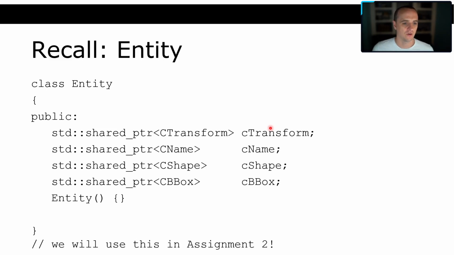Now, you may be rightfully thinking at this point in the course, well, what if the vast majority of my entities don't have shapes or bounding boxes? Then I'm using a lot of extra storage for this. Well, we'll have a look at that at the end. And yes, this does waste a little bit of space by allocating pointer data for things that we haven't used yet.